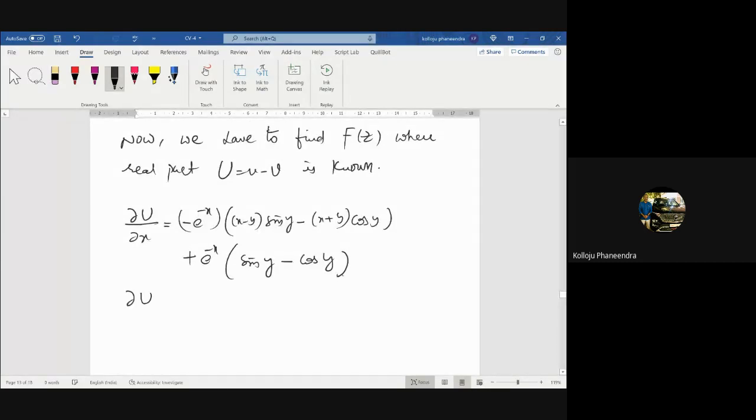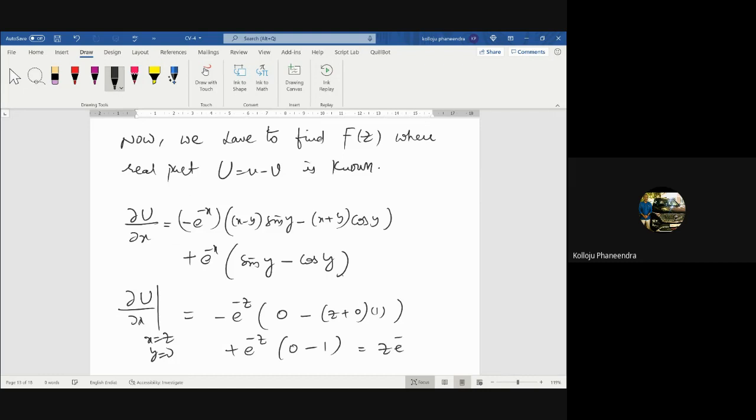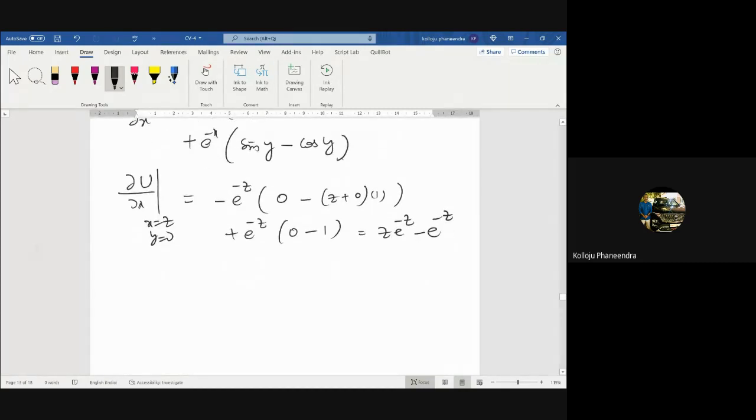Now this is dou U by dou x at x equal to z, y equal to 0. So minus e to the power of minus z, with y equal to 0 meaning sine y is 0, this is z plus 0 into cosine 0, value 1, plus e to the power of minus z, this is 0 and this is negative 1. So this is minus minus plus, z into e to the power of minus z minus e to the power of minus z. If any correction, suggest to me.